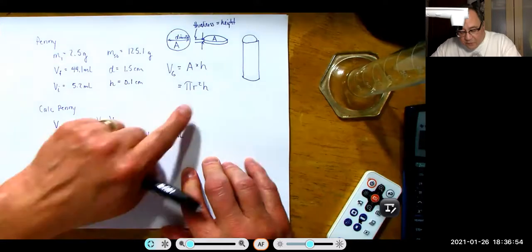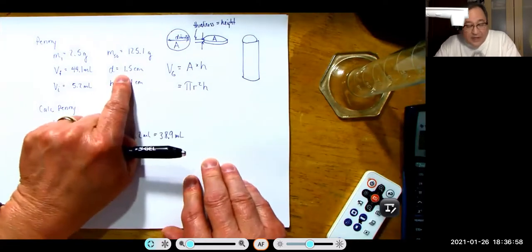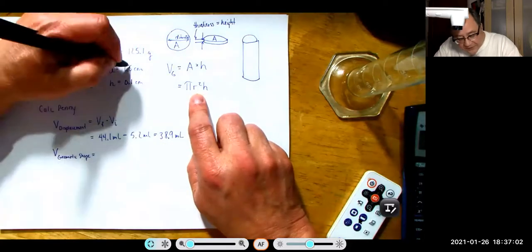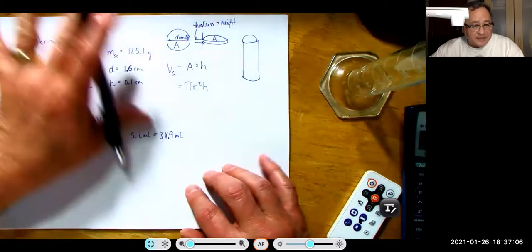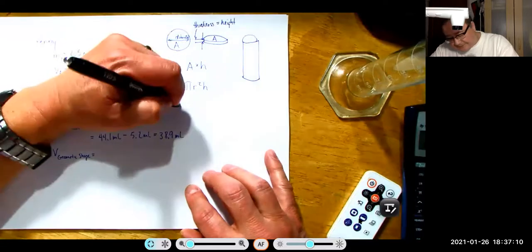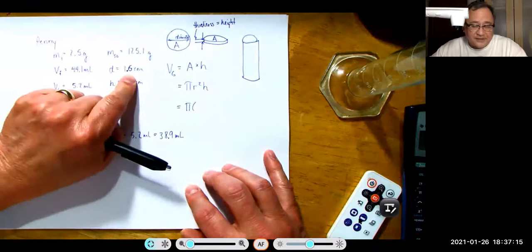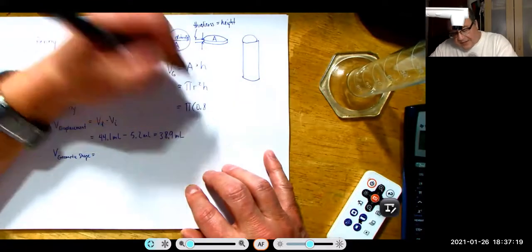Now, this formula means that we would have to take half of this diameter and plug it in here. And I'm going to change this to 1.6 centimeters because it's going to show you how easy it is to make a mistake. A person might do this. Does everyone know what half of 1.6 is? 0.8 centimeters, right?